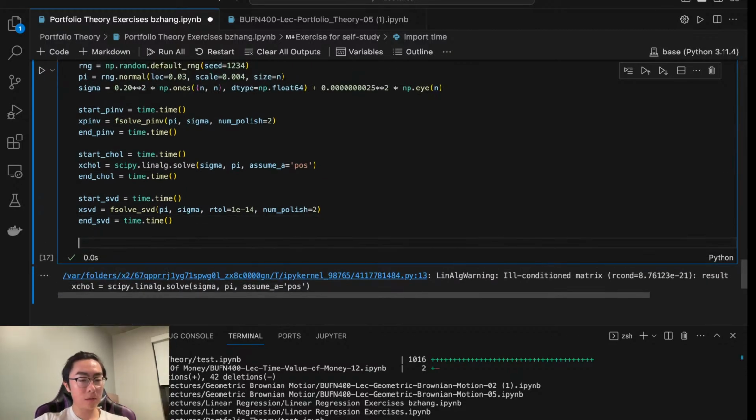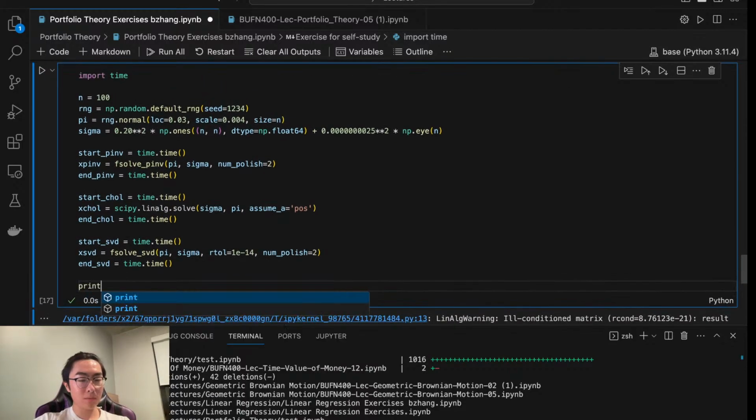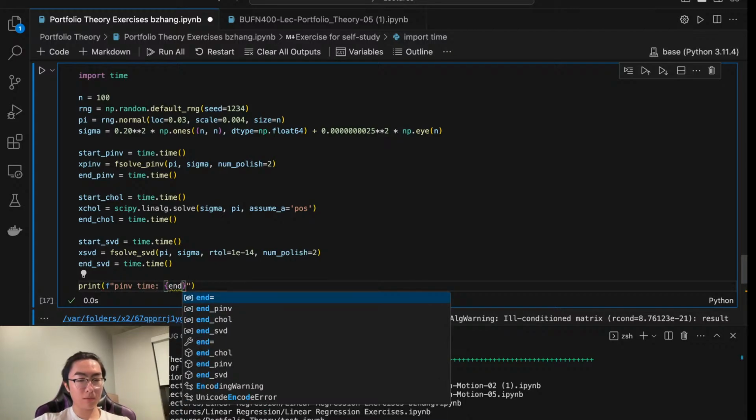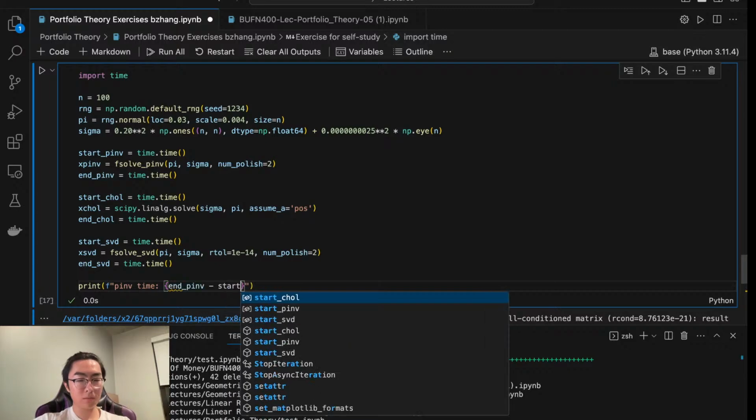Oh, okay. Wait. And then we print. Call this P inverse time. And then we could end P inverse minus start P inverse.